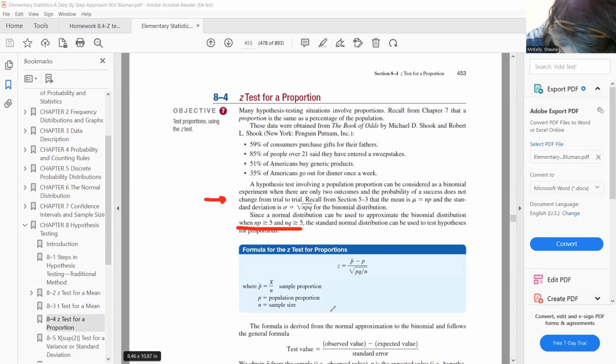So when I go back to the homework, the next question, this is question 2 now.